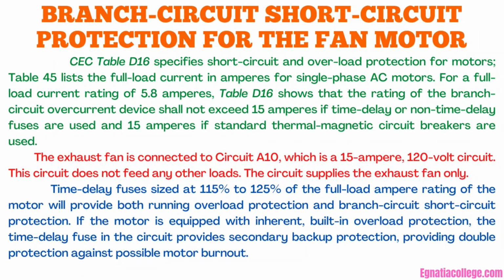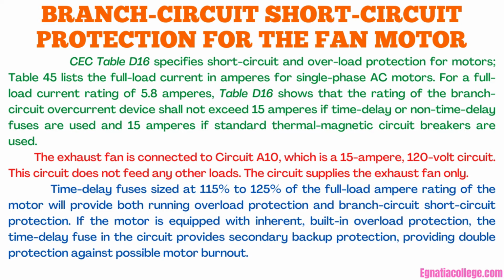Branch circuit short circuit protection for the fan motor. CEC Table D16 specifies short circuit and overload protection for motors. Table 45 lists the full load current in amperes for single-phase AC motors.